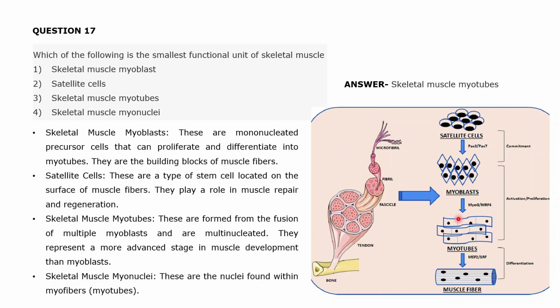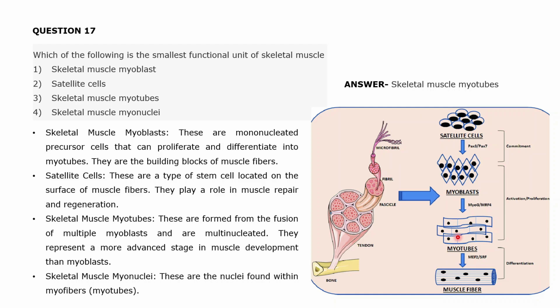The myoblast and satellite cells are not, because they have the ability to divide or form muscle cells, but the smallest functional unit of a muscle cell is the myotubes, rather than the first two options. And if you look into myonuclei, these are basically nuclei that are present within the myotubes or a muscle fiber. So that's a different kind of option, so that's not the answer.